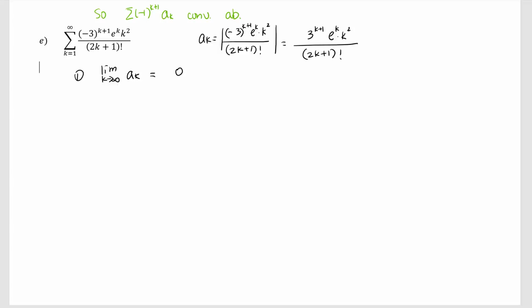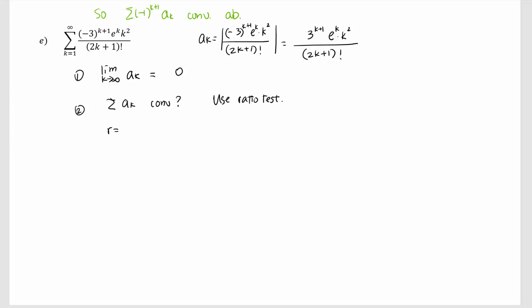And then the divergence test tells us nothing, so we have to go to step 2. Step 2 is to determine whether the series of a sub k converges or not. Here, because the series contains an exponential function and a factorial, we should use the ratio test.